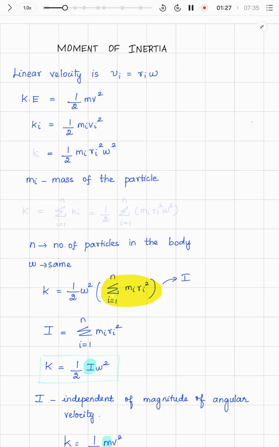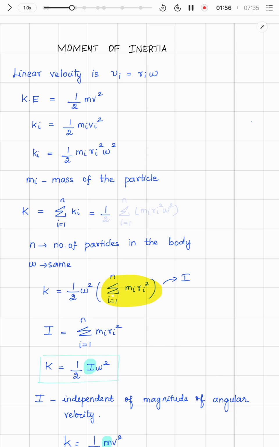The total kinetic energy of the body is given by the sum of the kinetic energies of the individual particles. Therefore, the total kinetic energy K can be written as the sum of the particles from 1 to n. So instead of this Ki, we can substitute this value of Ki.